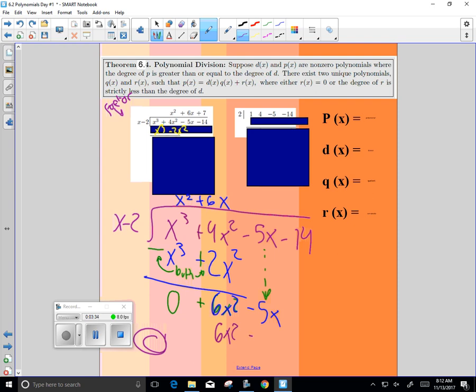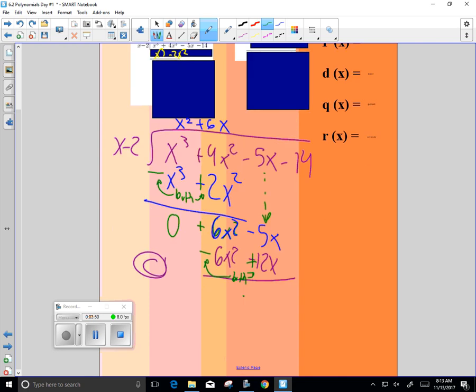6x times 2 is 12x. Now we need to get rid of this again. So we need to subtract 6x squared, but do it to both, this one and this one. And so we're going to get 6x squared minus 6x squared is 0. Negative 5x plus 12x, yay, 7x.